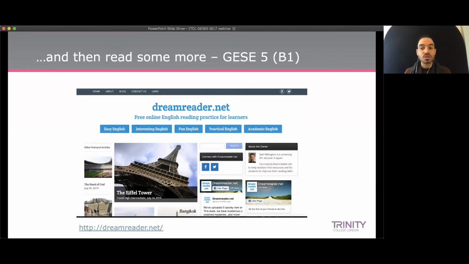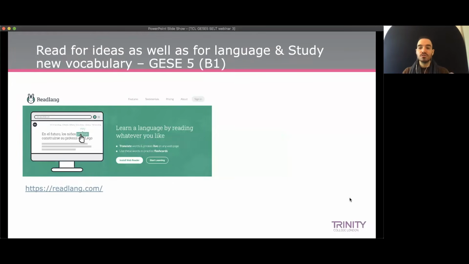Now, I'm going to show you another tool that I think is very, very useful for you. It is called readlang.com, and I'll show you in a minute. Stay here with me. I'll show you in a minute how to use it.